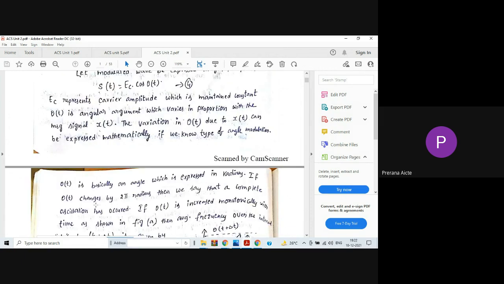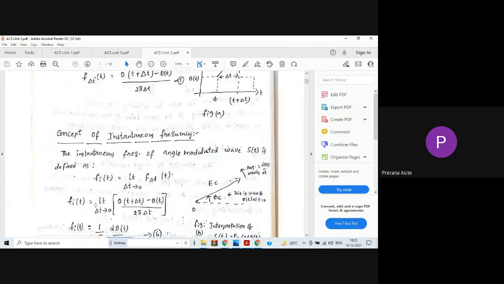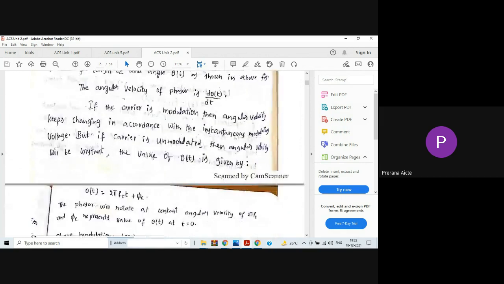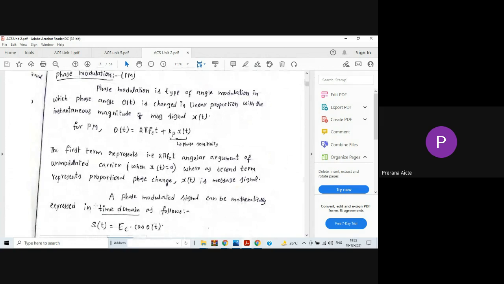Okay. Now we'll see the frequency modulation technique. First phase modulation, then frequency. So what is phase modulation? We said phase modulation is a type of angle modulation in which the phase angle is varied in proportion with the amplitude of the message signal.